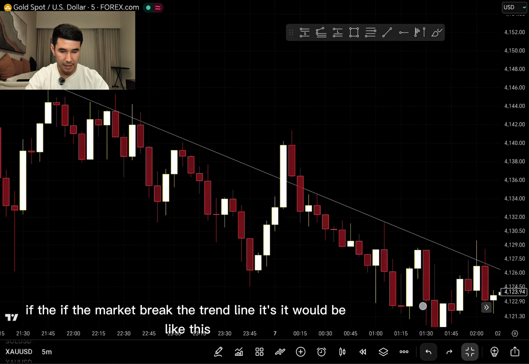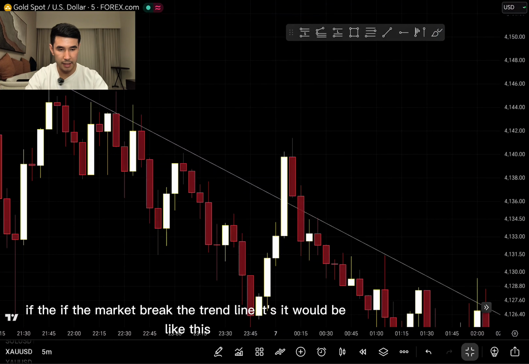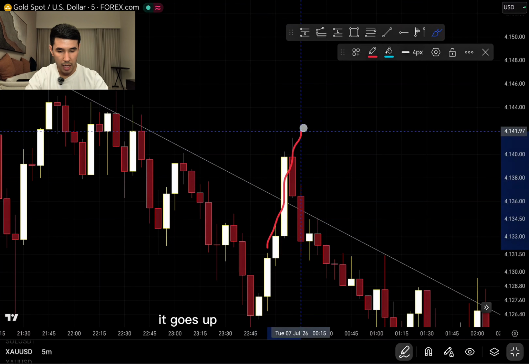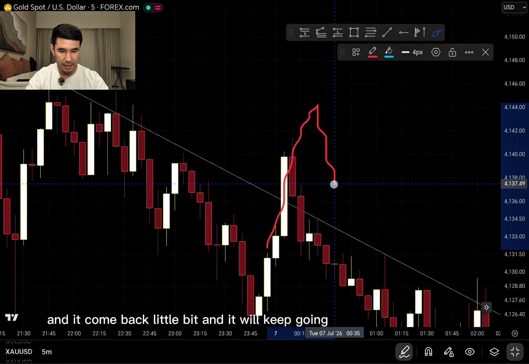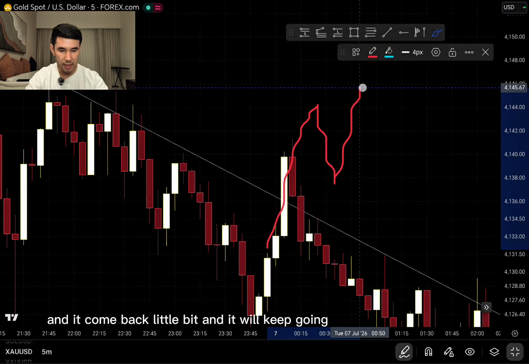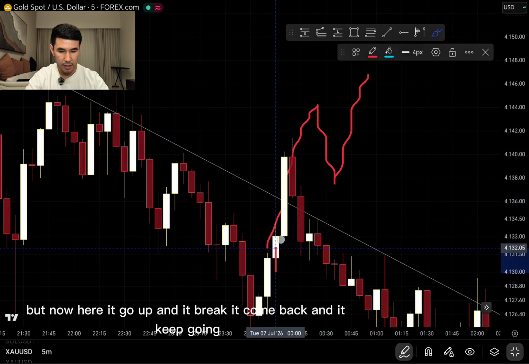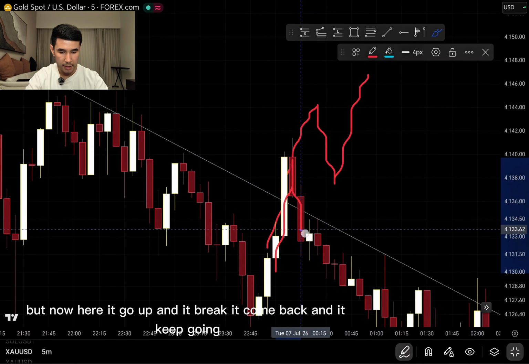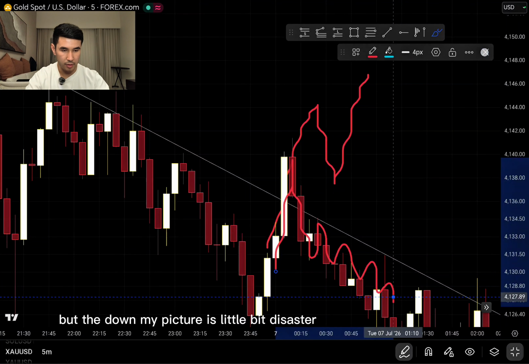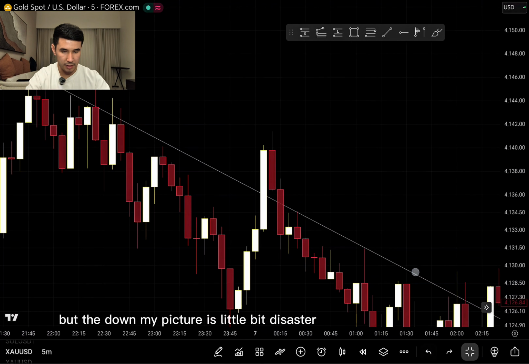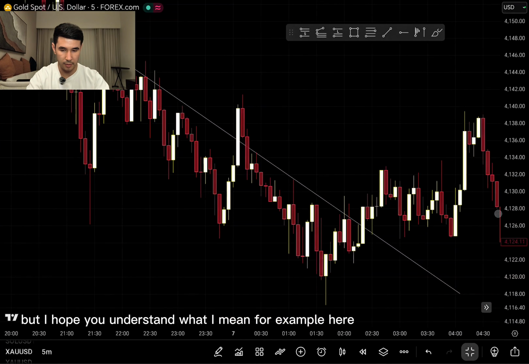If the market breaks the trend line, it would be like this. It goes up and comes back a little bit and keeps going. But now here it goes up and breaks, comes back and keeps going, but down. My picture is a little bit of a disaster, but I hope you understand what I mean.